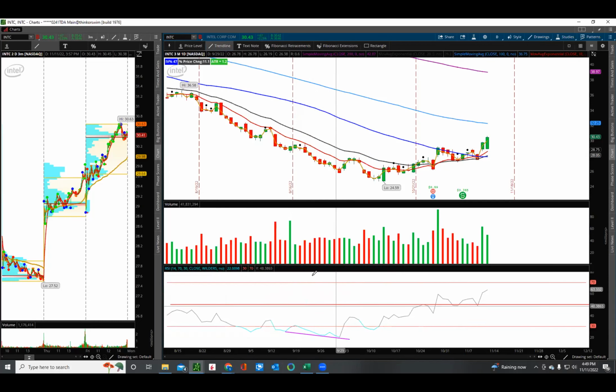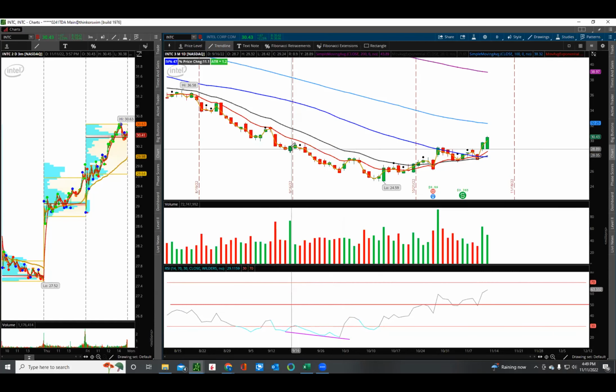Okay, so as price was going down and it was oversold, the RSI is moving lower, price is also moving lower, right? But look what happened here, right? So you're looking for a divergence, right? So here, they're in line.